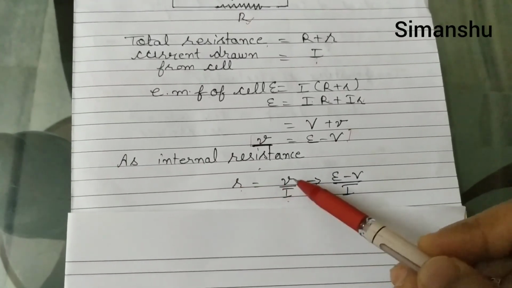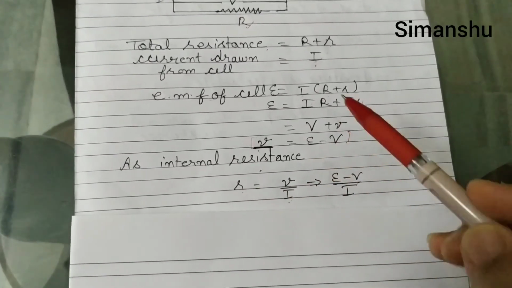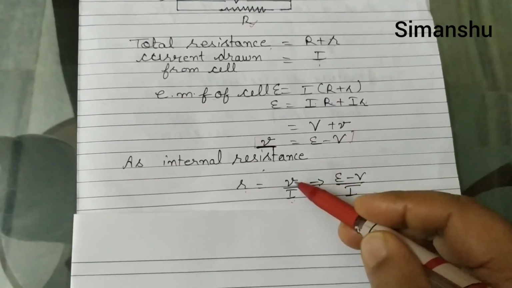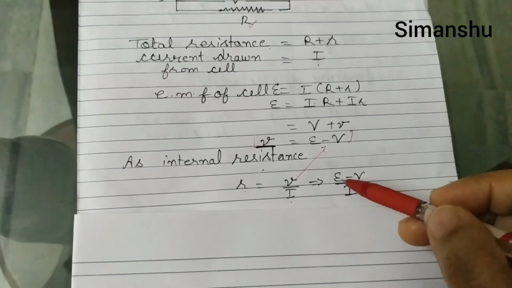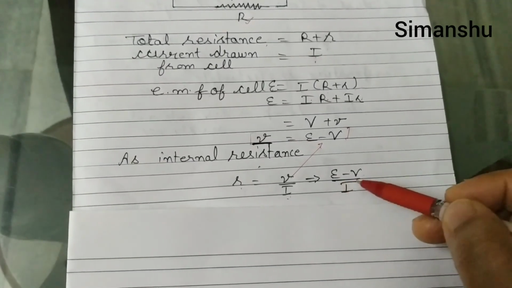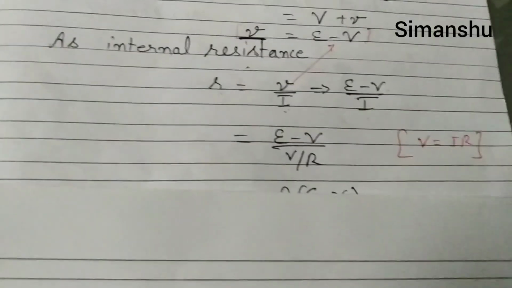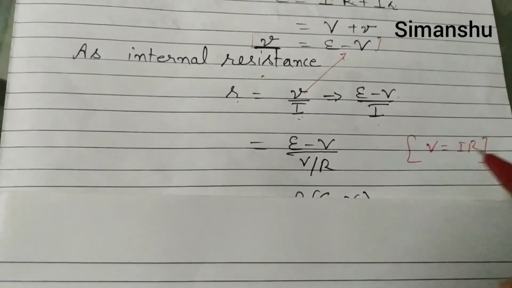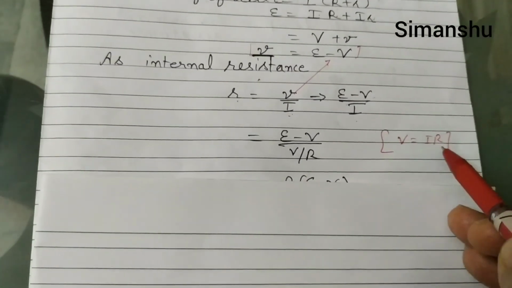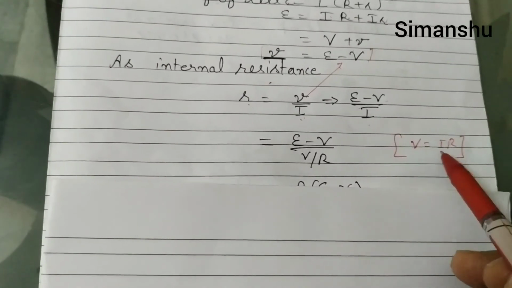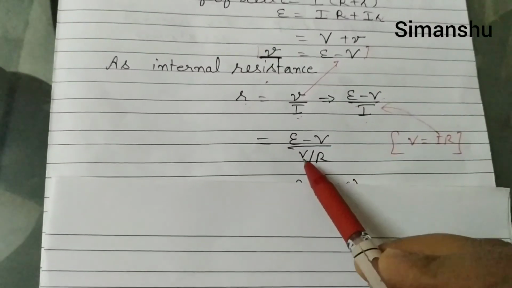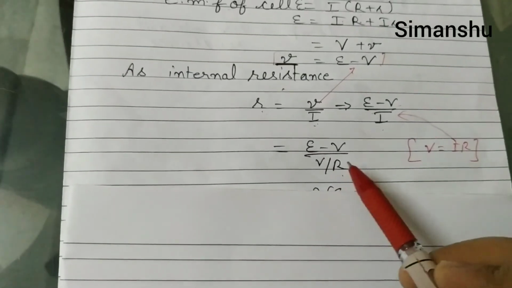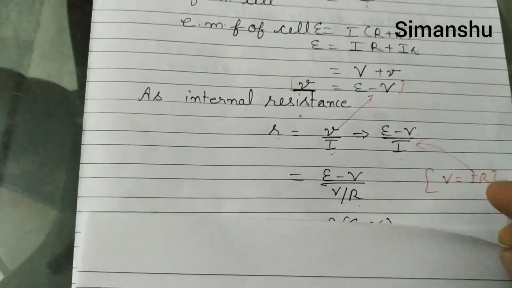So r is equal to v upon I. But the value of v from here we got is epsilon minus V, so r is epsilon minus V divided by I. As we know, V is equal to IR, so the value of I we can put there, that is V upon R. This R will go upside now.